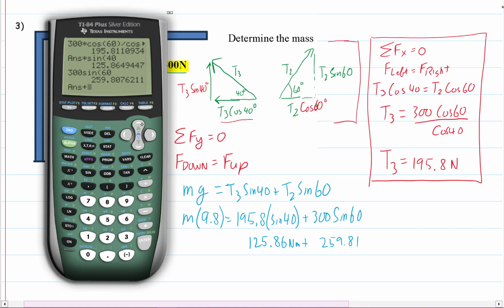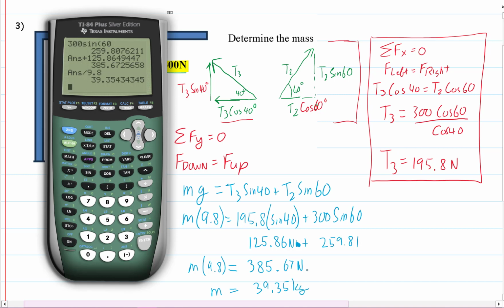We're going to add those together, and we get the total. I guess it's not Newton meters, it's newtons, my bad. It's going to be 385.67 newtons, and that'll be the force up. So that's how much the weight is. And so m times 9.8 equals that, so let's divide by 9.8, and we get m: 39.35 kg.